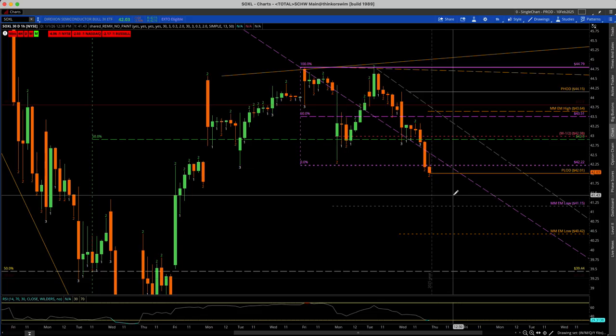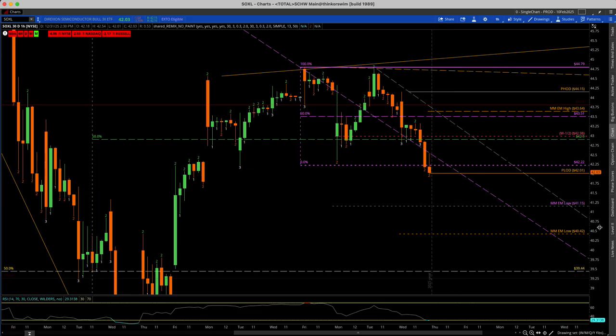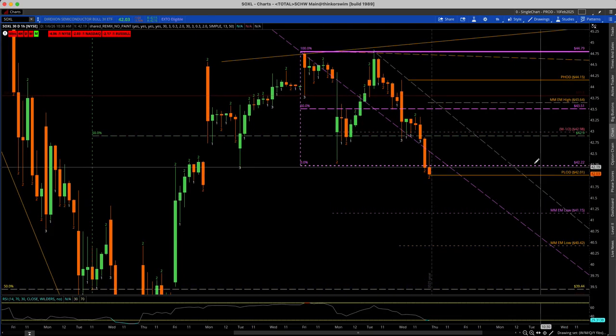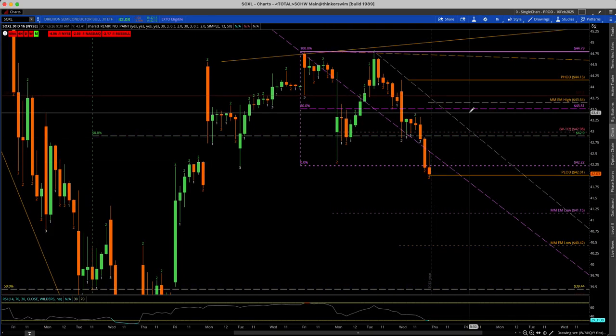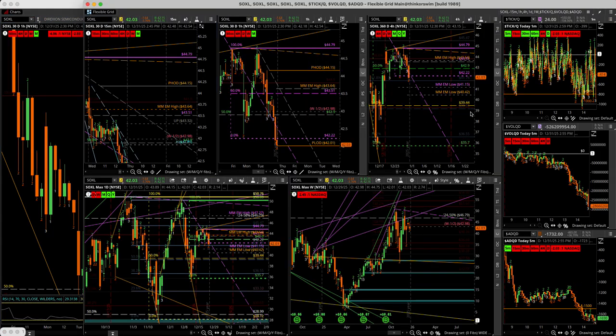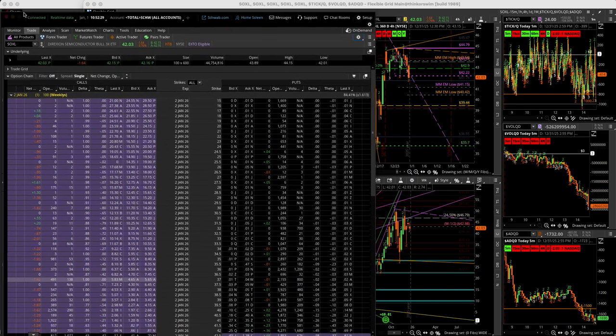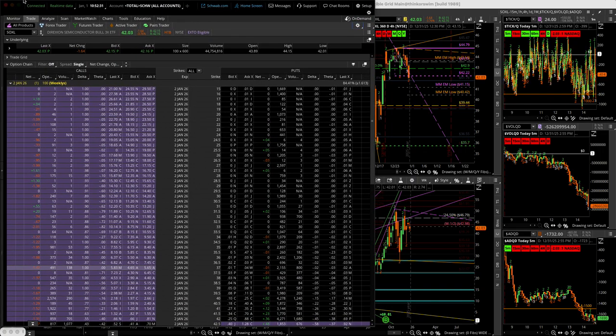So let's take a look at the charts here and talk about the market makers' expected move, high and low. So if we go to, let's pull up the options chain for SOXL. Guess I didn't have everything set up right. But if we pull up the options chain, this is Thinkorswim, and we go to the options chain for January 2nd, which is Friday.